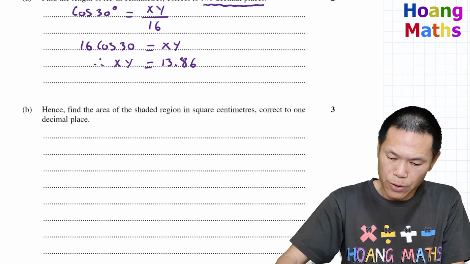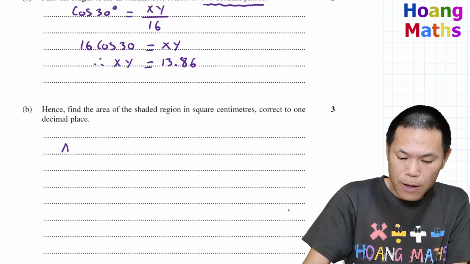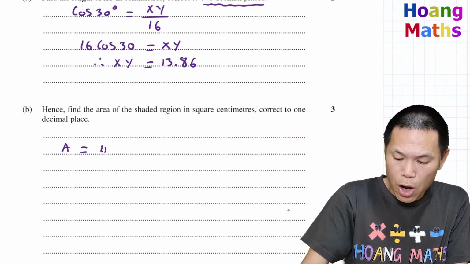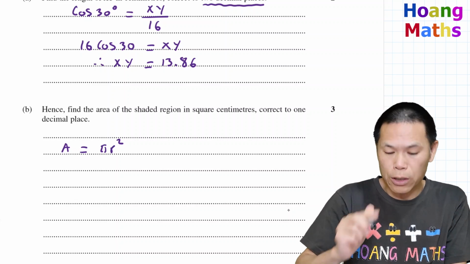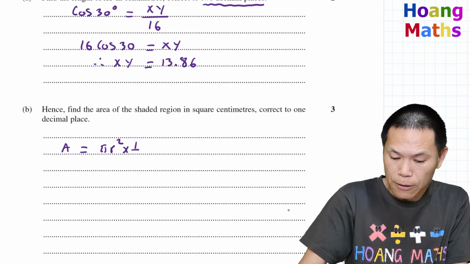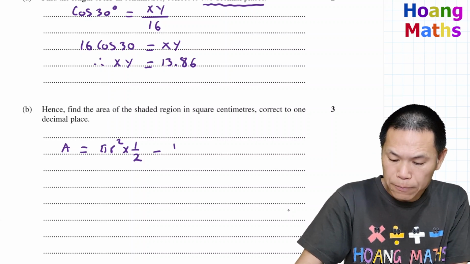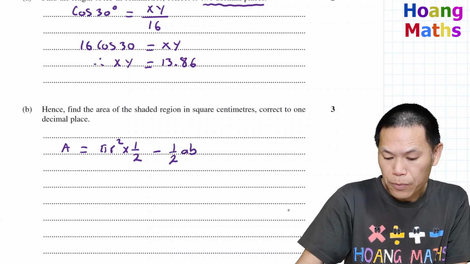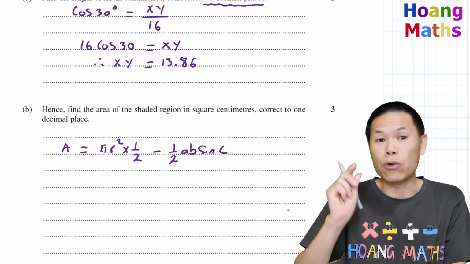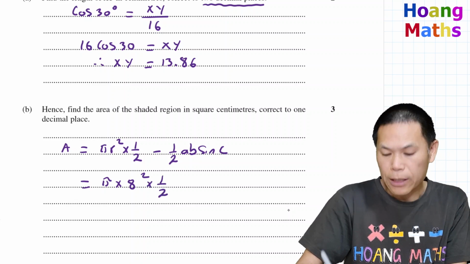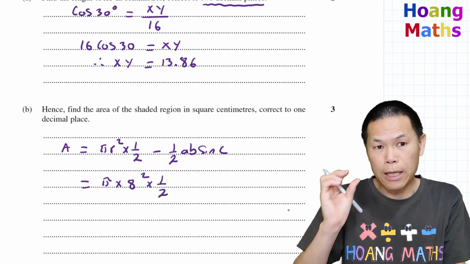So let me write this down. The area is the area of a semicircle. So pi r squared gives me the area of a circle, times a half. And then we subtract the area of the triangle, which is half AB sine of C, the angle in between. So that is pi times 8 squared times a half, which gives me the area of a semicircle.